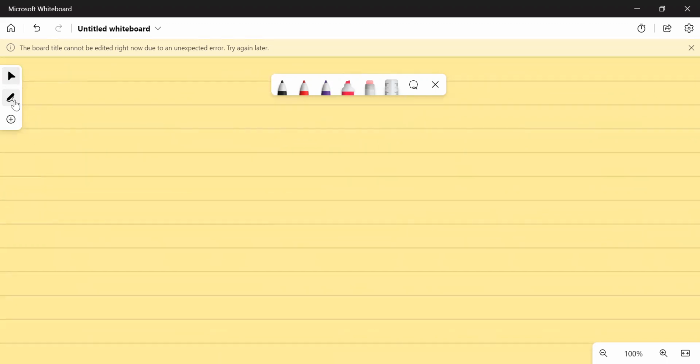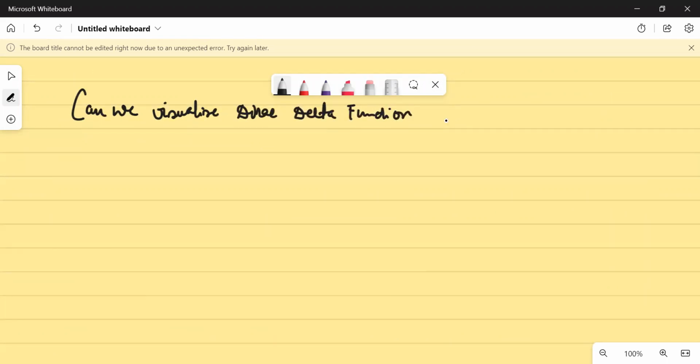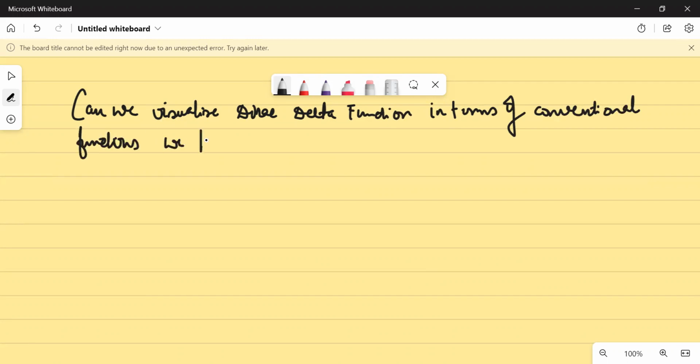For that, I would say, can we visualize it in terms of functions that we know, or you can say in terms of conventional functions that we know, like exponential or something of that sort? The answer to this problem would be yes. Let's see how.